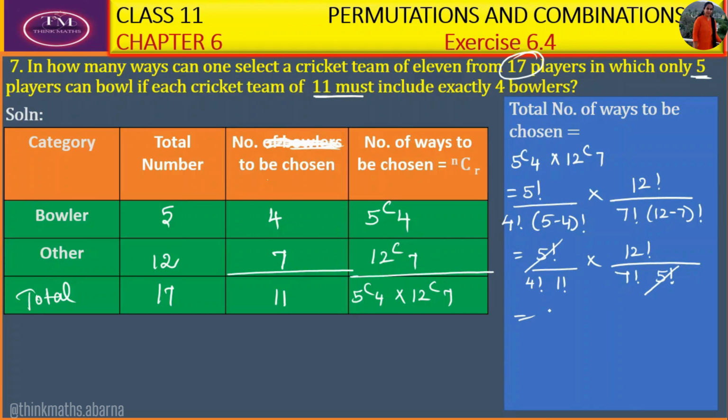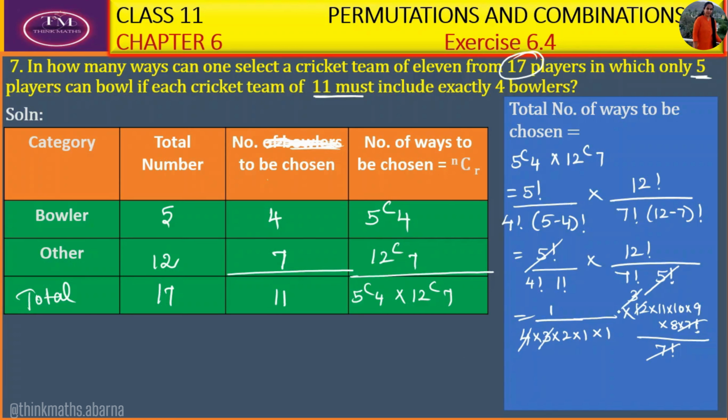So you have 1 divided by 4 factorial, which is 4 into 3 into 2 into 1, and this 1 factorial is 1, into 12 factorial, which can be written as 12 into 11 into 10 into 9 into 8 into 7 factorial. As we have 7 factorial, you stop with that. So this 7 factorial gets cancelled, and 1 fours are 4, 3 fours are 12.